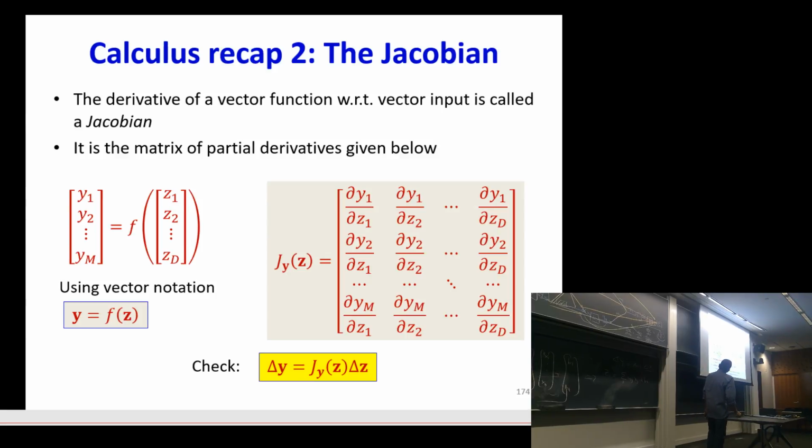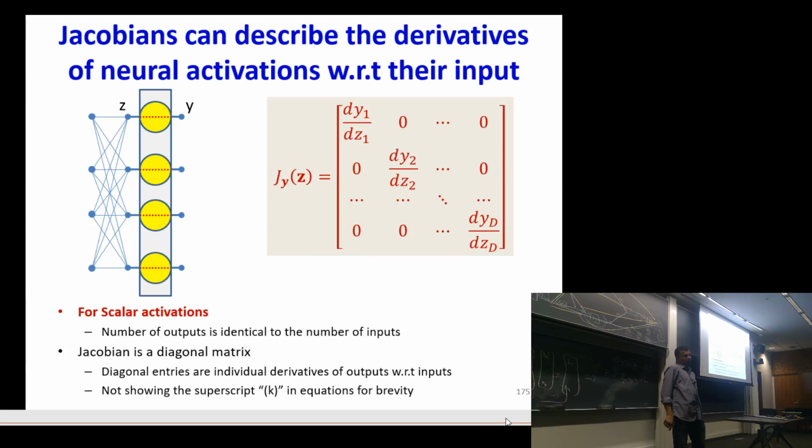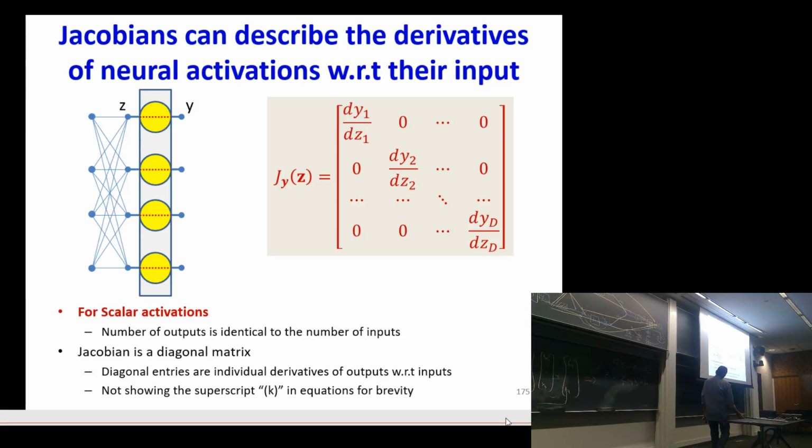Fine. So look at what happens when I have a scalar activation function, a bunch of scalar functions, which I'm just assuming is a vector. Then for the first term, y1, these partial derivatives are going to be 0 because y1 doesn't depend on all the subsequent z's, right? For the second one, only the second term is going to have some value, the rest of the partial derivatives are 0.